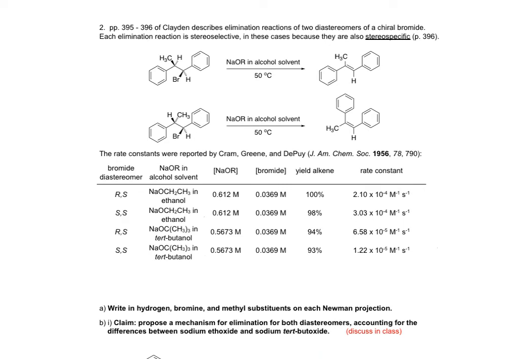Looking to Part A on the worksheet, you're asked to write in the substituents on Newman projections for each of these alkenes.